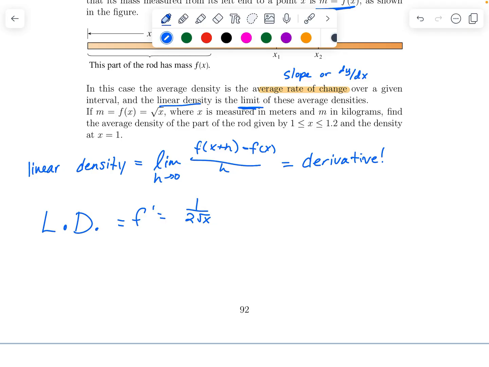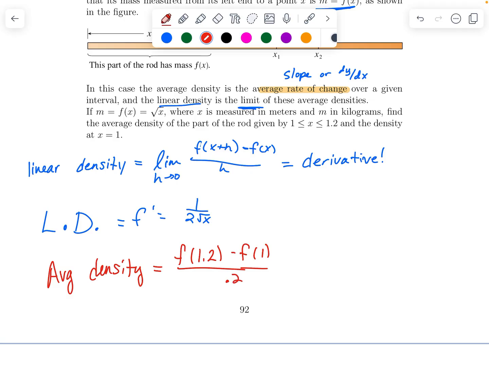So if I want the average density, it is going to be calculated as f of 1.2 minus f of 1 all over 0.2.